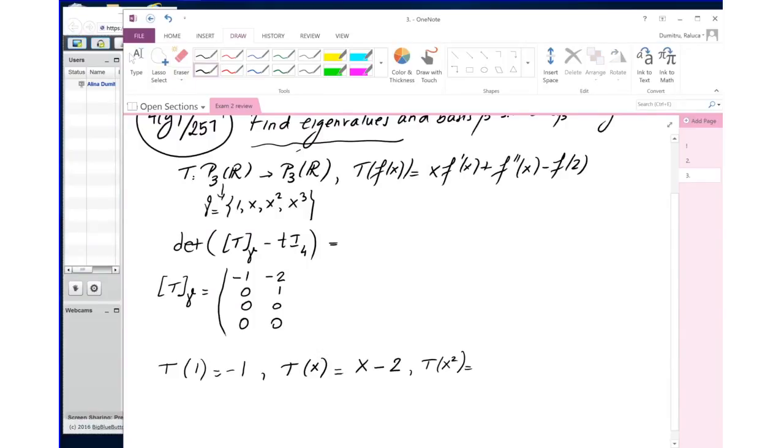T of x squared: x times 2x. The second derivative is 2. The value at 2 is 4. So 2x squared minus 2: negative 2, 0, 2, 0. And T of x cubed: x times 3x squared plus 6x minus the value at 2, which is 8.